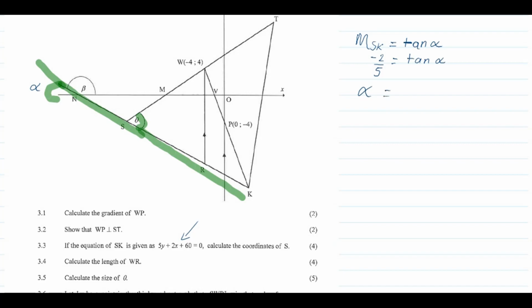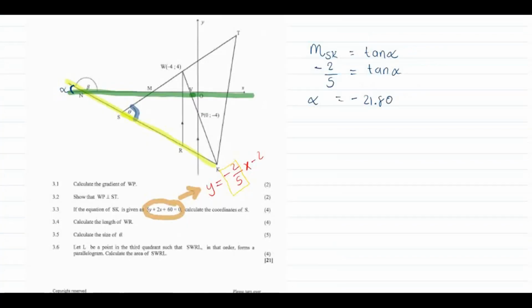We're just going to punch that into our calculator. Press shift tan, and we get our angle alpha to be equal to 21.80 degrees. Okay. So we can conclude that our angle alpha is equal to 21.80 degrees.